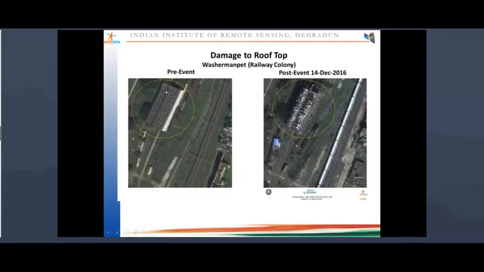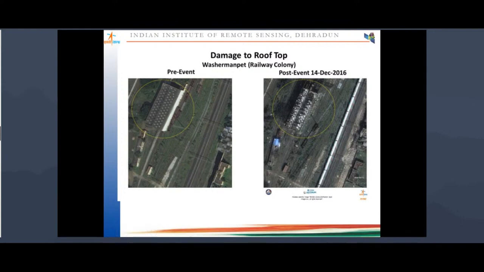You can see here roof before cyclone and roof after cyclone, totally damaged. Look at this structure before cyclone and after cyclone, partially damaged. So this type of analysis you can do using remote sensing high resolution data. When I say high resolution data, it essentially means less than 5.8 meter.